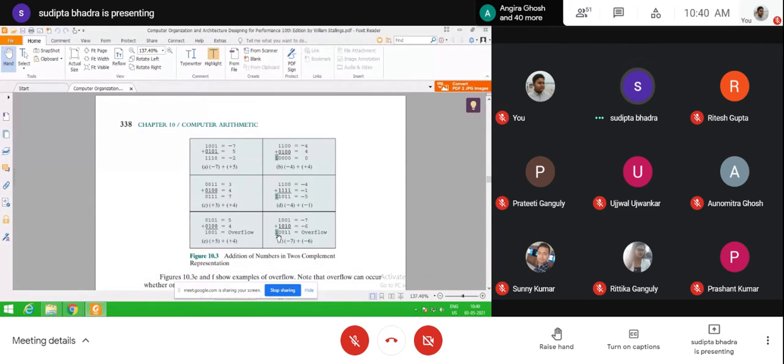Why does the overflow occur? Because how many bits are you using in the ALU? In this case you are using 4 bits, and 4 bits can't represent -13.